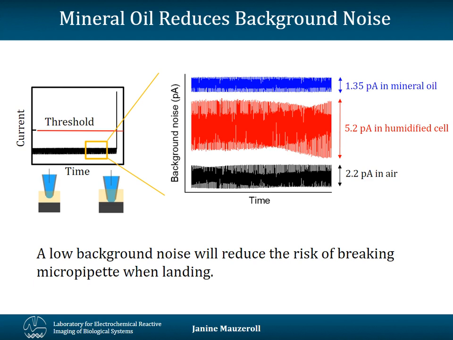And if you had to humidify the cell in order to remove evaporation problems, the noise was really significant. But under the mineral oil, you had only 1.35 picoamps of noise. And so covering the corroding surface that you're trying to measure with a thin layer of oil really is going to help you get better signal to noise.